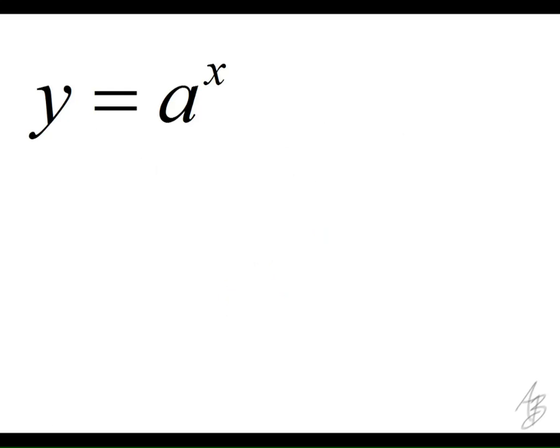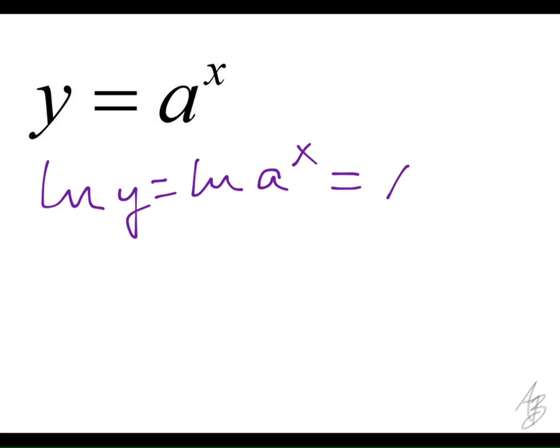So we're going to try to use that property to evaluate this derivative. What we'll do is take the natural log of both sides of this equation, and so what we get is the natural log of y equals the natural log of a to the x. And we know as a property of logs that this exponent can be multiplied out front, and this is equal to x times the natural log of a.